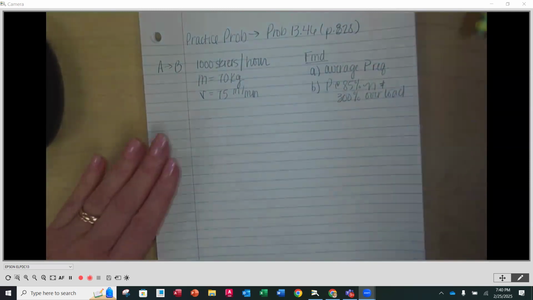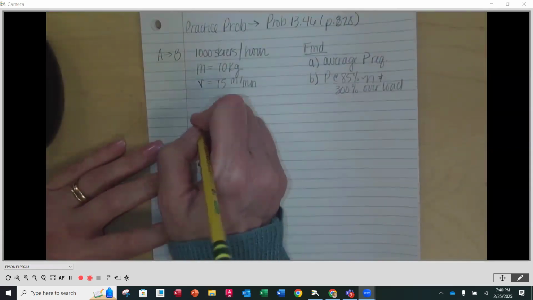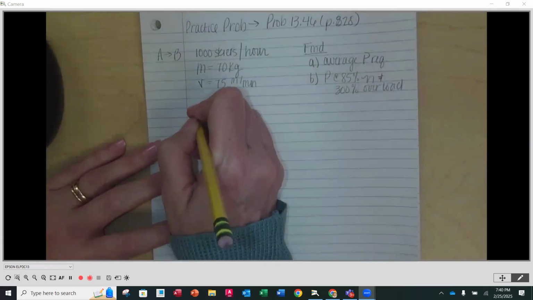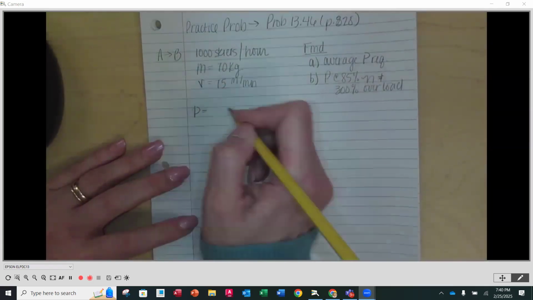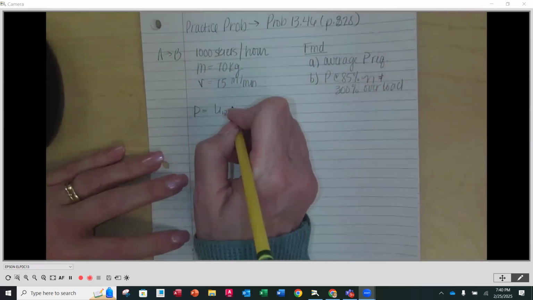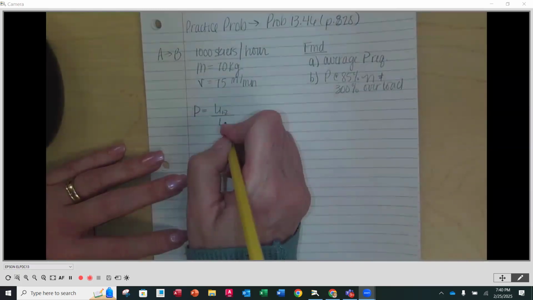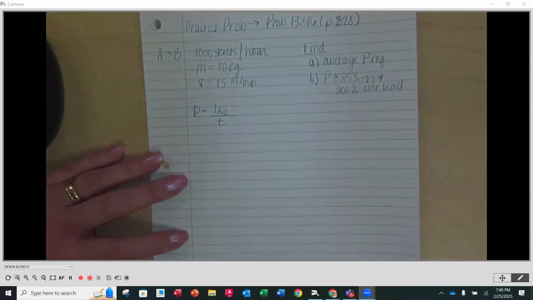Okay. So we'll do part A first, the average power. So the average power, and I'm going to use capital P, is going to be equal to the work from position 1 to 2 or from position A to B divided by the time that it takes to get there.